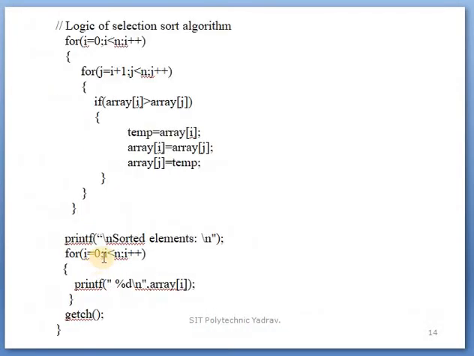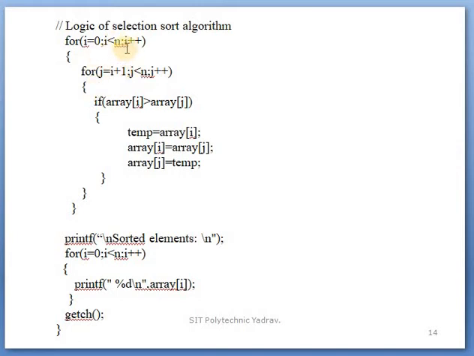After that, the j condition is false, when 6 is less than 6, that time the condition is false. In the outer for loop, control will move to i plus 1. i plus 1 means 1 less than n, condition true.